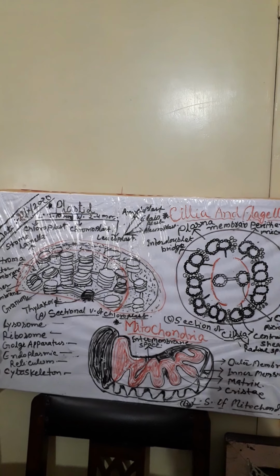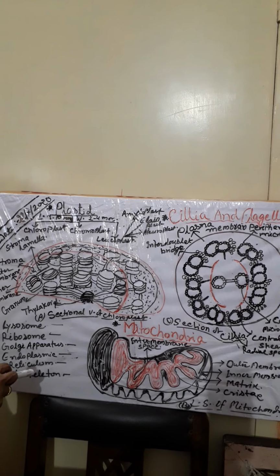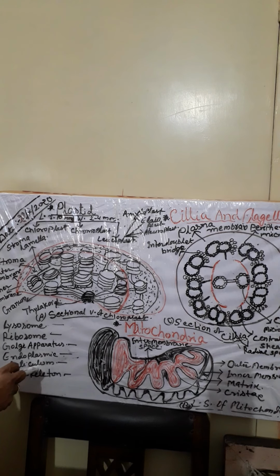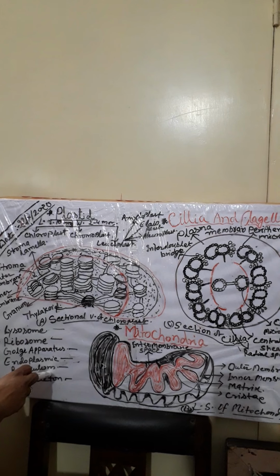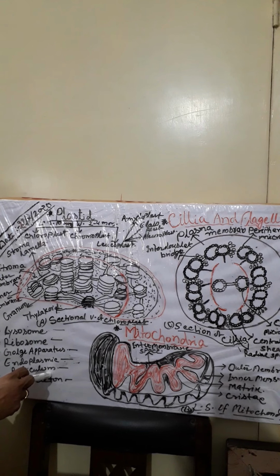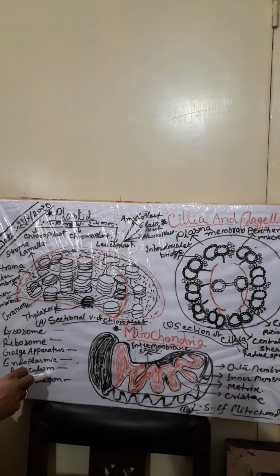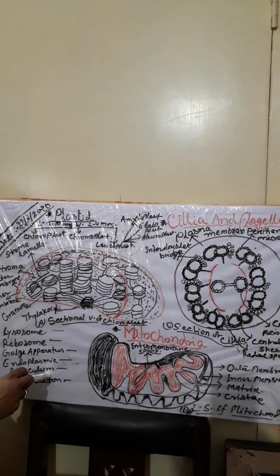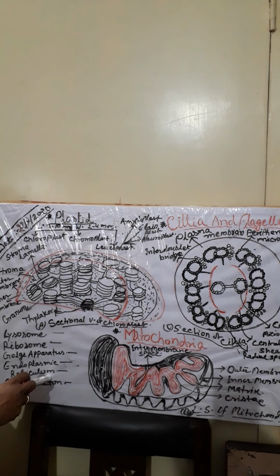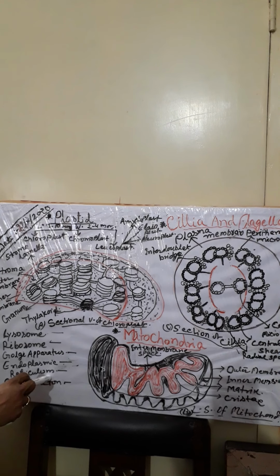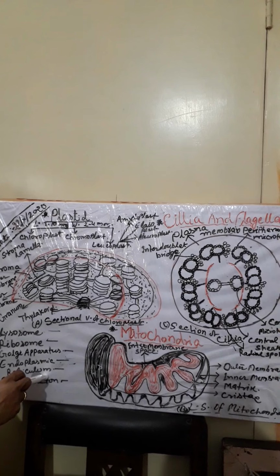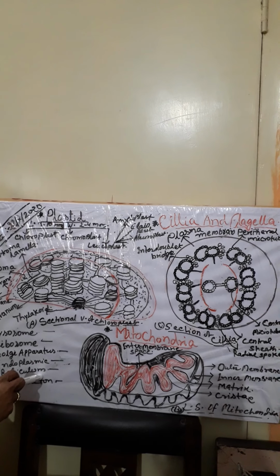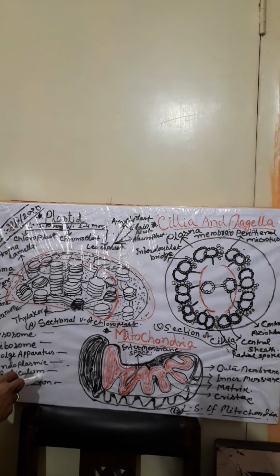The endoplasmic reticulum shows ribosomes attached to its surface. This type is known as the rough endoplasmic reticulum. In the absence of ribosomes, it appears smooth and is called the smooth endoplasmic reticulum.